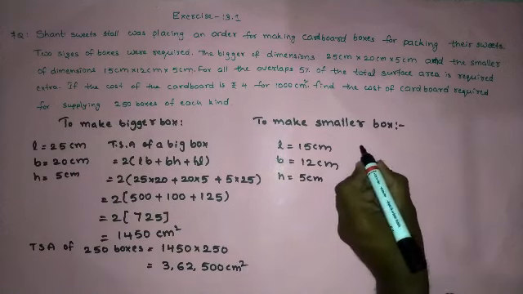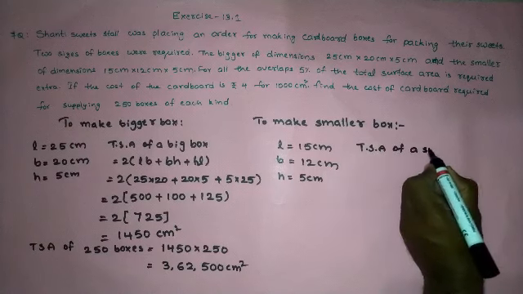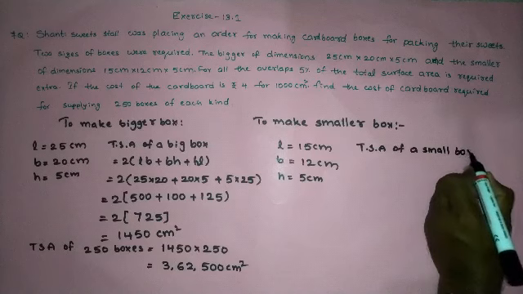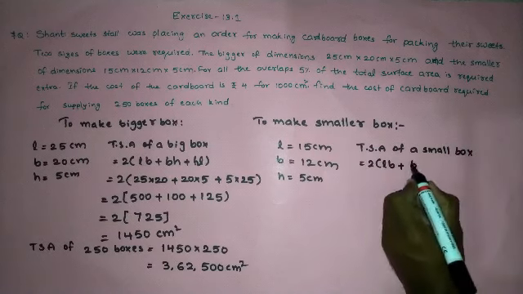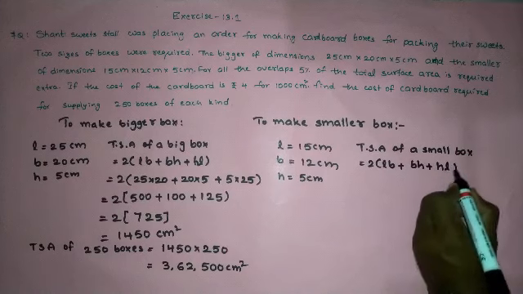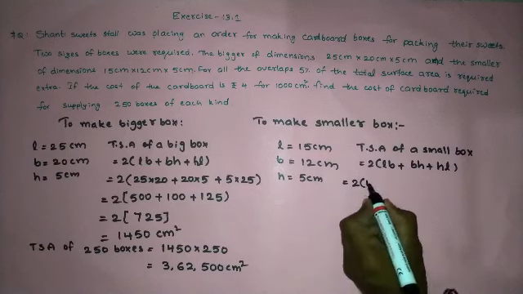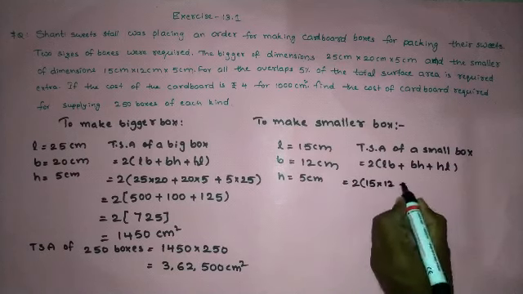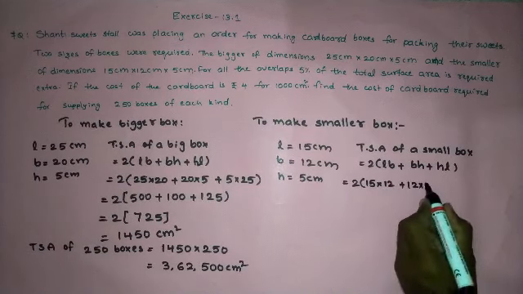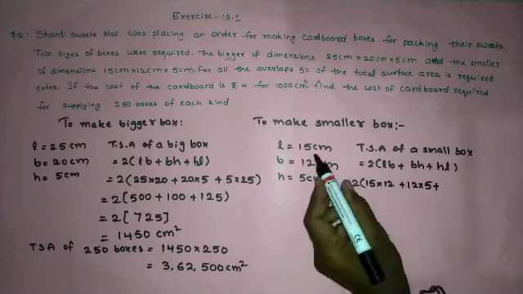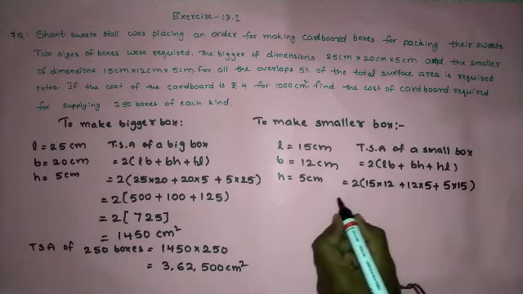TSA of small box, nothing but total surface area of a small box, equals formula 2 into LB plus BH plus HL. Now substitute the values. 2 into LB, nothing but 15 into 12, length into breadth, plus BH, 12 into 5, plus H into L, height into length, 5 into 15.